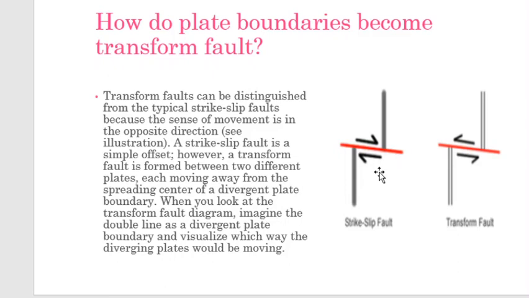However, a transform fault is formed when two different plates are each moving away from the spreading center of a diverging plate boundary. When you look at the transform fault diagram, imagine the double line as a diverging plate boundary and visualize which way the diverging plates would be moving.